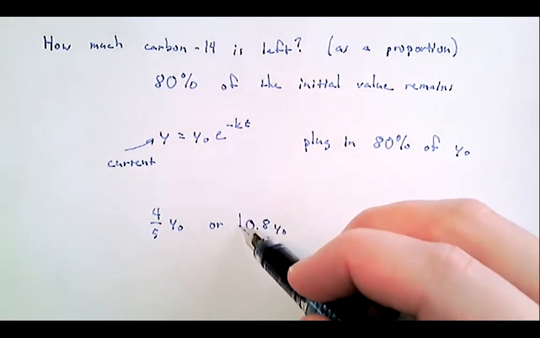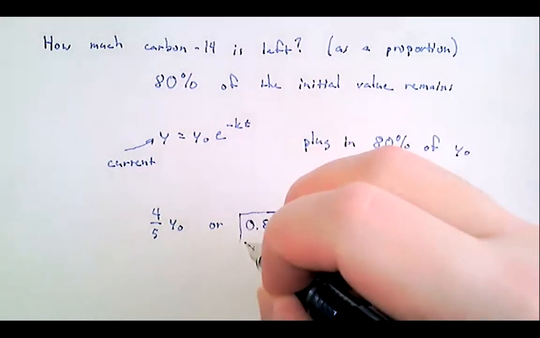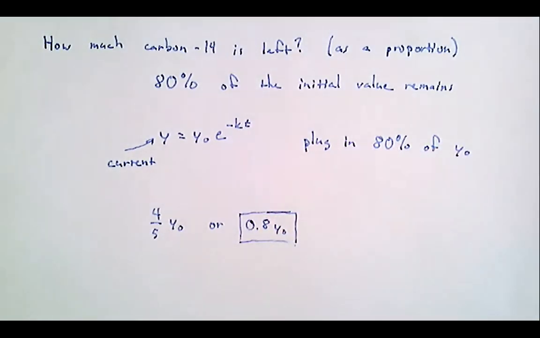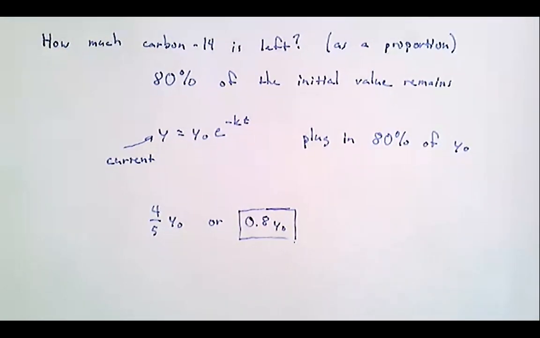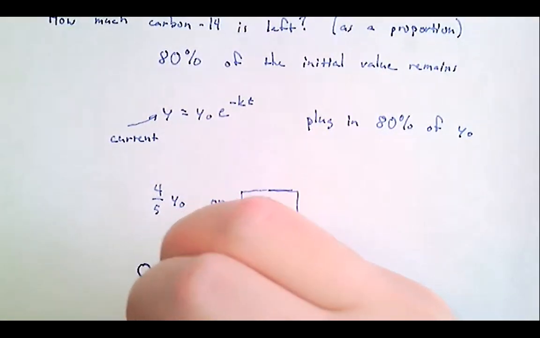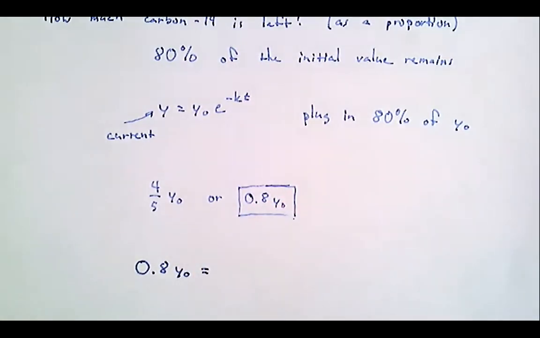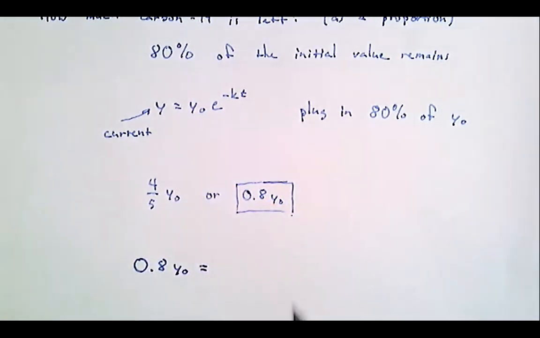So I'm going to use this one. Decimals are generally just a little easier when it comes to calculators. So I'm putting this in on the left side for the current amount. So I'm saying 80% of the original amount remains.